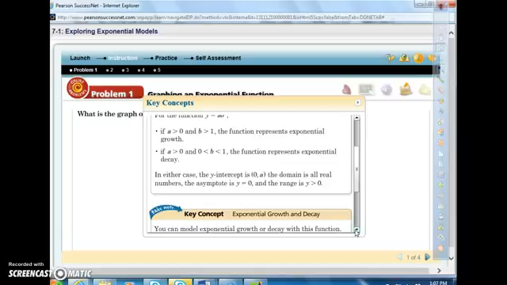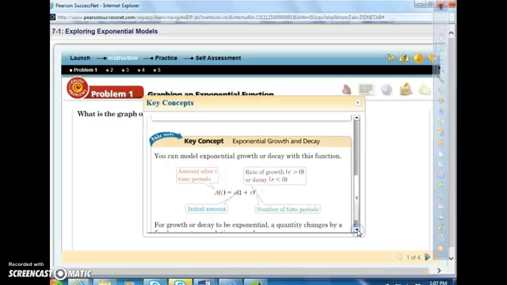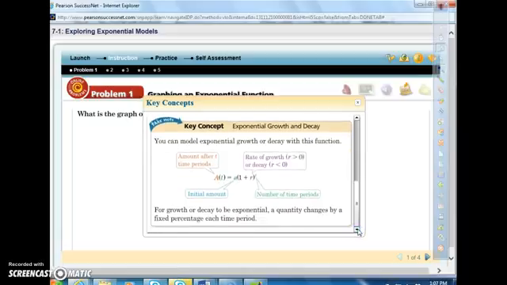In either case, the y-intercept is (0, a), and the domain is all real numbers. Okay, and we would have what's called an asymptote. We're going to look at some graphs here in just a few minutes. If we're talking about something that's a rate, like money, like if you put money in a bank and it's going to grow at a 3% interest rate, then you could use this formula, okay? And we'll look at that in some examples as well.